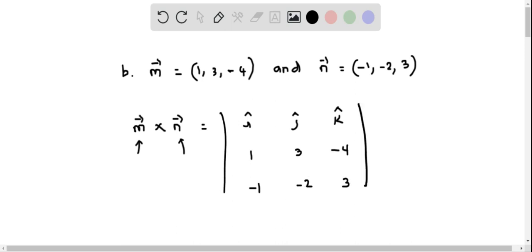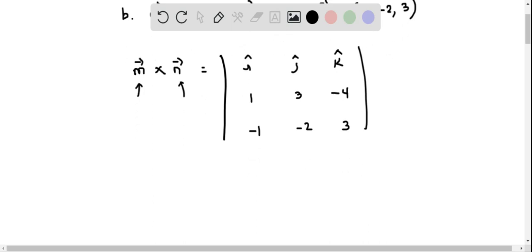So we have to evaluate this determinant. We can expand it along the first row. This equals i vector times the 2 by 2 determinant leaving the row and column represented by i vector. So we will have 3, negative 4, negative 2, and 3.